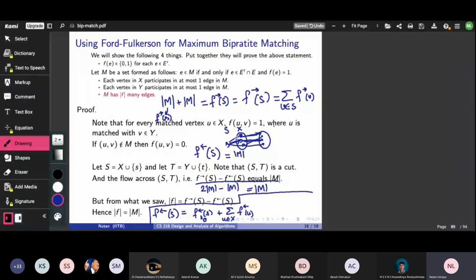Here, there is a flow of value 1 entering a vertex U if UV is in M. So recall how we constructed M. We formed M using this idea. Every edge that belongs to the matching, every vertex that belongs to the matching has a non-trivial flow entering it.